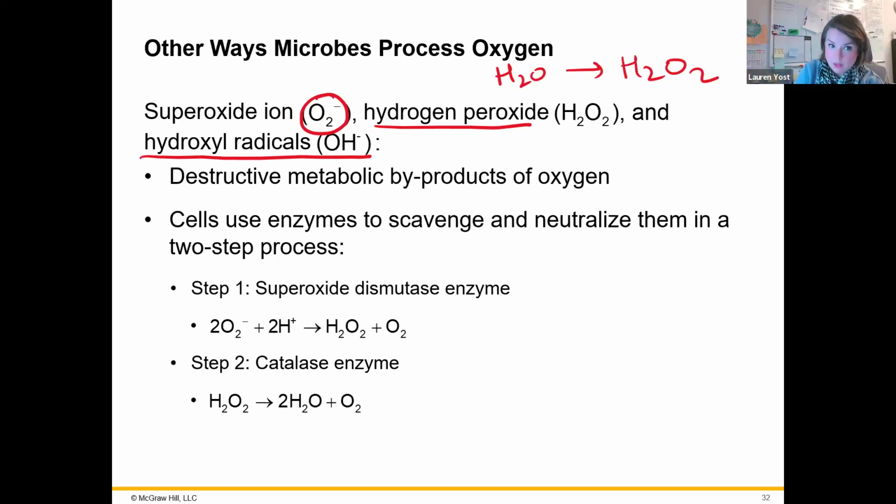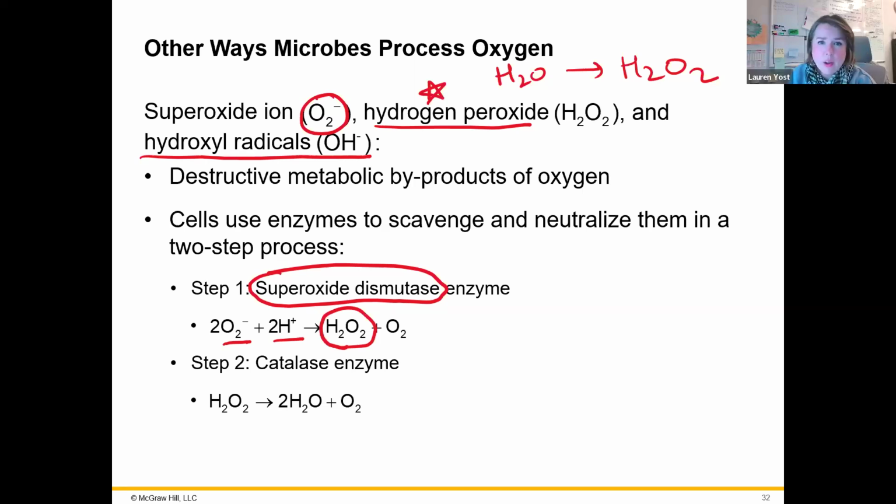Some examples of how our cells deal with this. Superoxide dismutase. This basically takes superoxide, which is O2 negative, adds some H pluses, some protons, and creates hydrogen peroxide. And you might be thinking, we just said hydrogen peroxide is dangerous. Yeah, that's why our cells don't stop there.